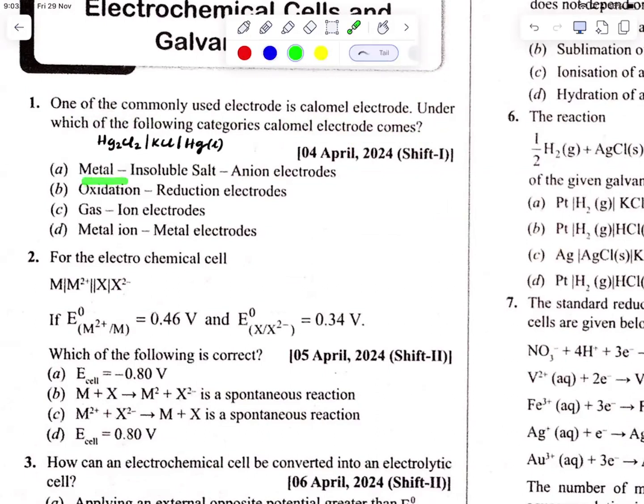We call it a metal insoluble salt anion electrode. So what is the first learning you should know, everybody? You need to revise the types of cells and types of electrodes we discussed: gas electrode, metal electrode, redox electrode, which is the oxidation reduction electrode. Whatever is there in the booklet and class notes, as well as what we discussed, just revise.